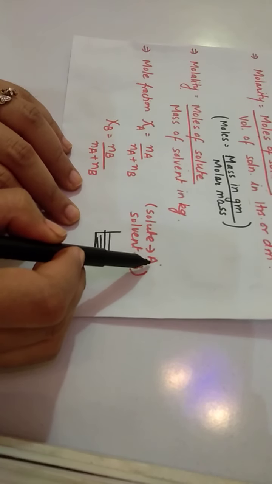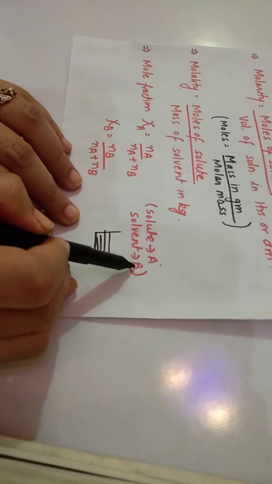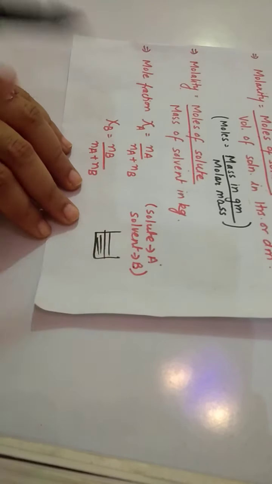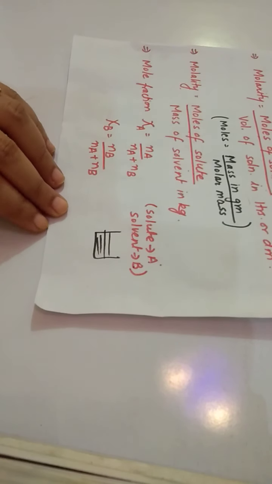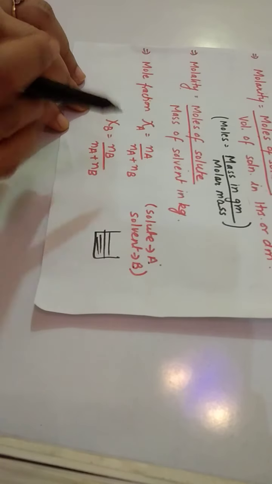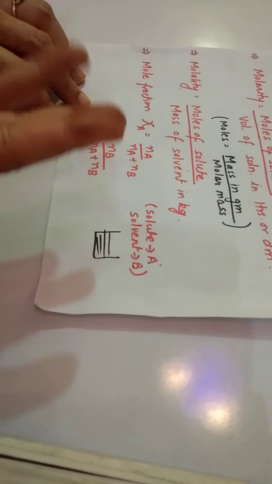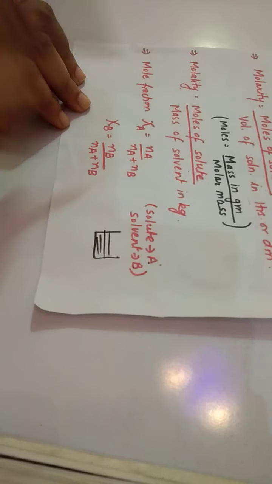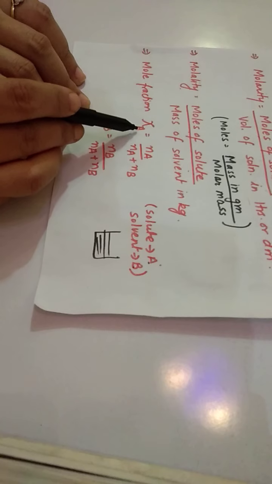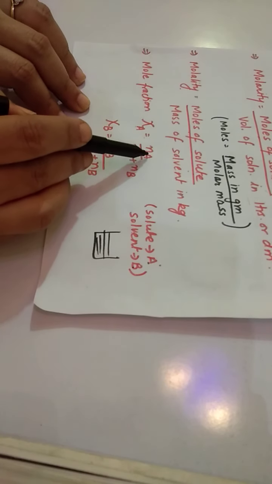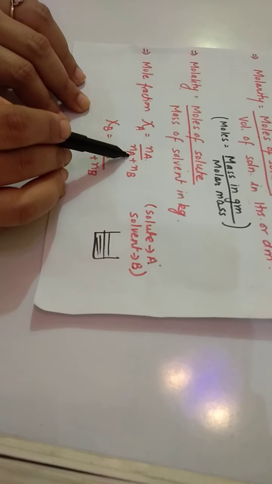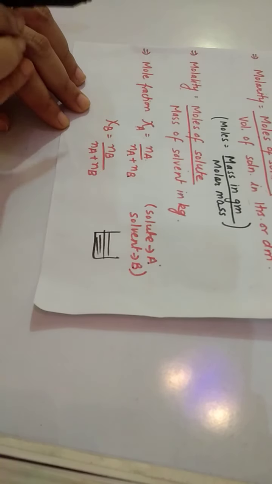If you name sugar as A and water as B, that is solute as A and solvent as B, then the question is what is the mole fraction of A, that is the mole fraction of the sugar that you have added. The mole fraction of solute A is equals to number of moles of A divided by number of moles of A plus number of moles of B.